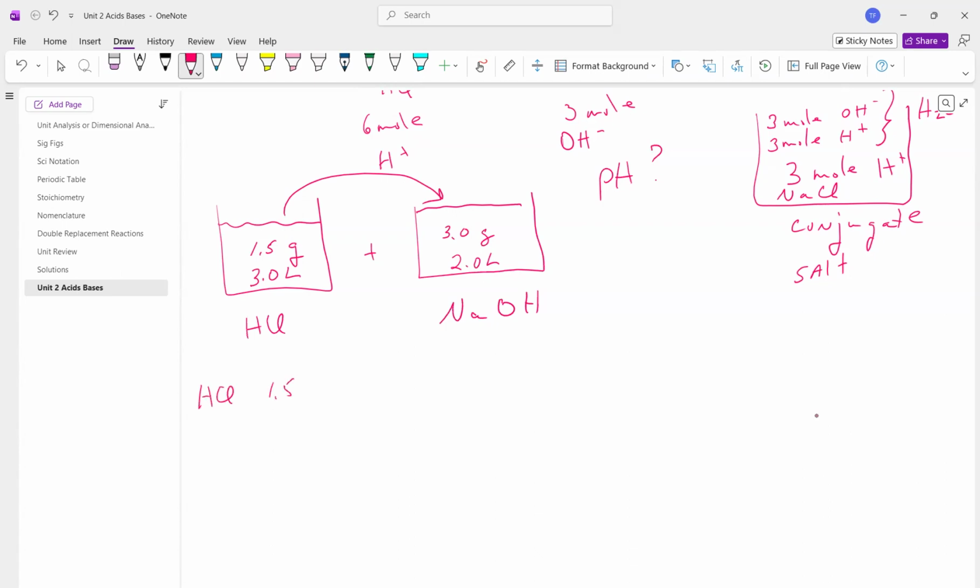So that's 1.5 grams of HCl, and the molar mass of HCl is, so that'll give us moles of HCl.